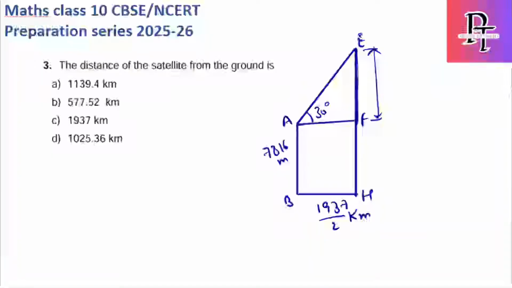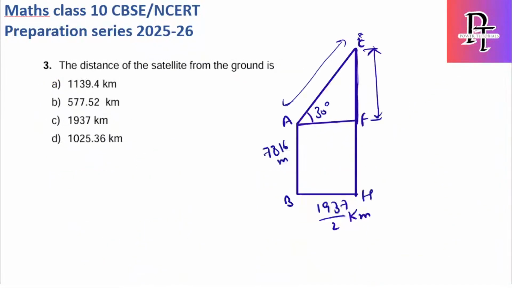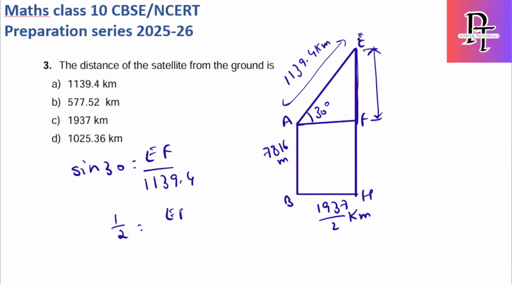This value we already know. How much did we get for the AE value? 1139.4. I will use that value here, 1139.4 kilometers. I need to get the height, so simply I will use sine 30 degrees is equal to height, which is EF, by hypotenuse, which is 1139.4. Sine 30 is 1 by 2, equal to EF by 1139.4.